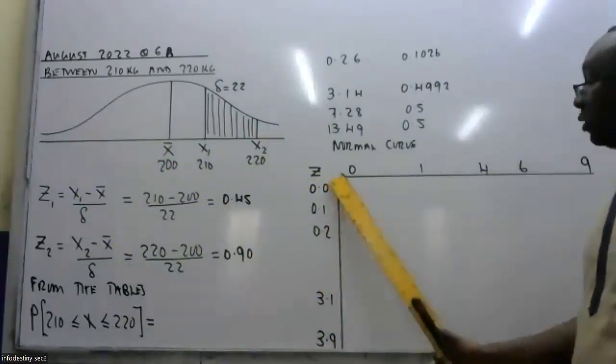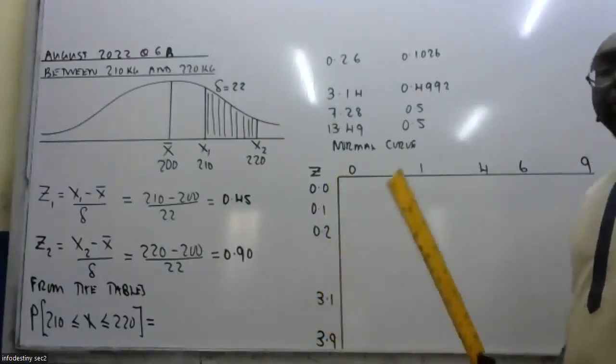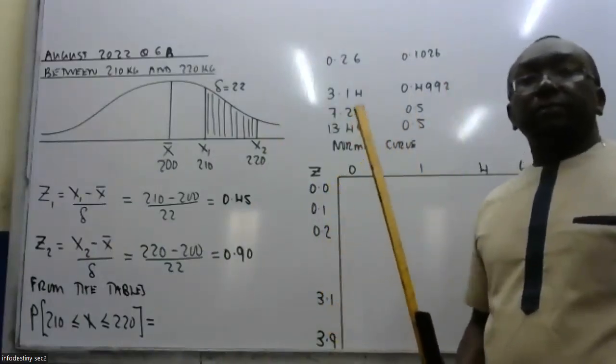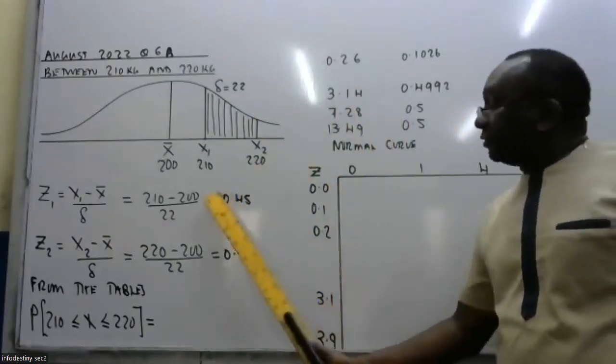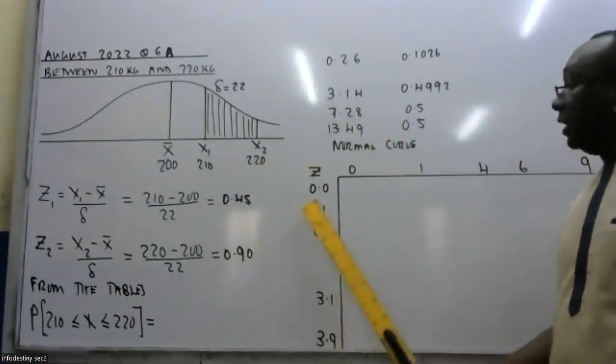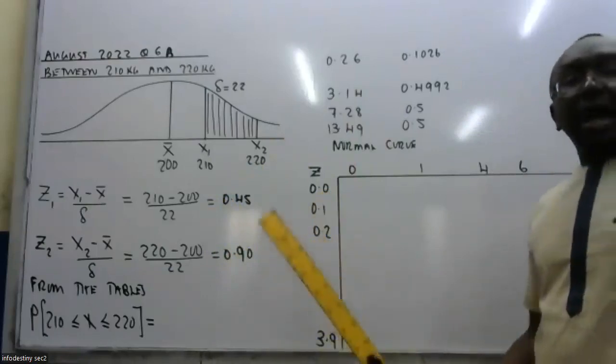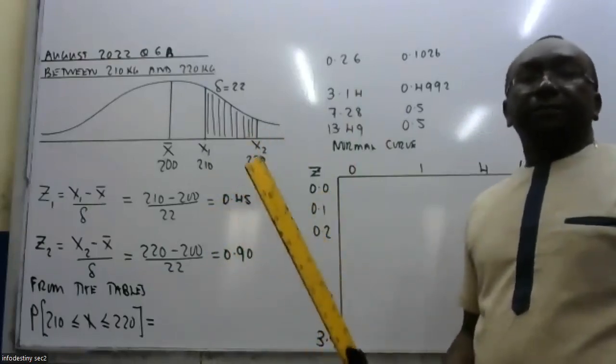Now, if you come to look at this table, can you see any negative value? No. So if you can get negatives and the table does not have negatives, how do we go about it?